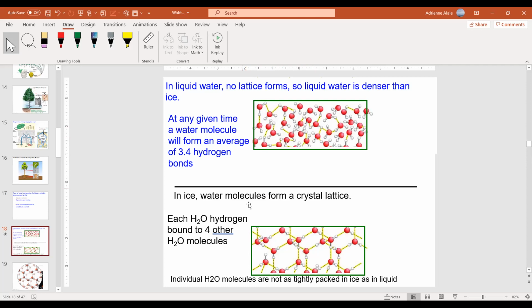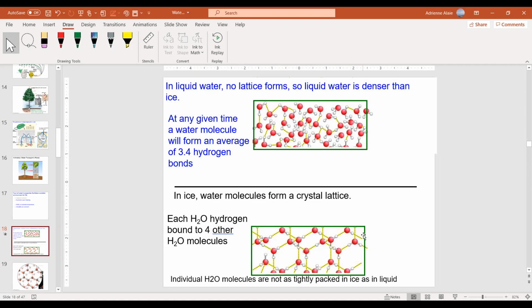As the kinetic energy is lessened, the energy of motion is lessened, and the water molecules are not moving as fast, they cool down and slow down, then, especially when they go into making ice, each water molecule is maximally bound to 4 other water molecules, right?